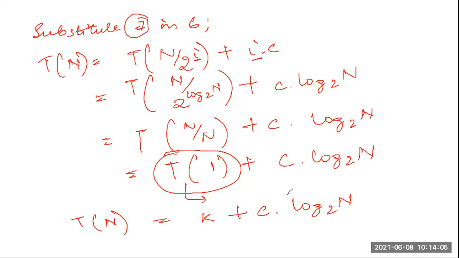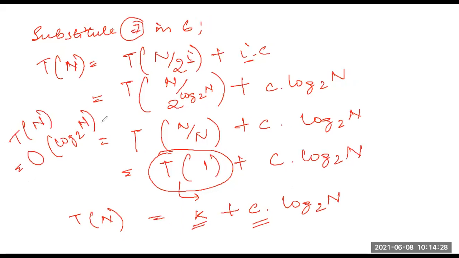And we will always ignore the constant factors. So this is a constant factor, this is a constant factor. So the time complexity is order of log 2n. This is the time complexity.